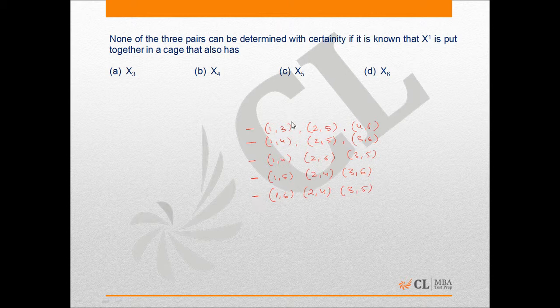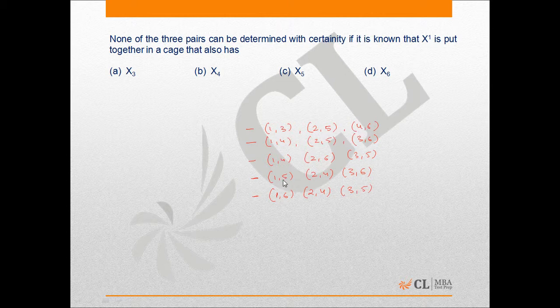So looking at these 5 cases that we have made, if I put bird number 3 with x1, then there is only one case and I can determine the birds in the other 2 cages uniquely.